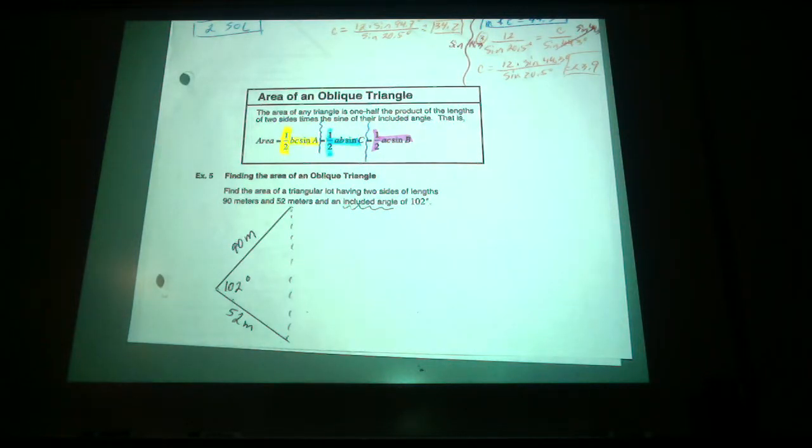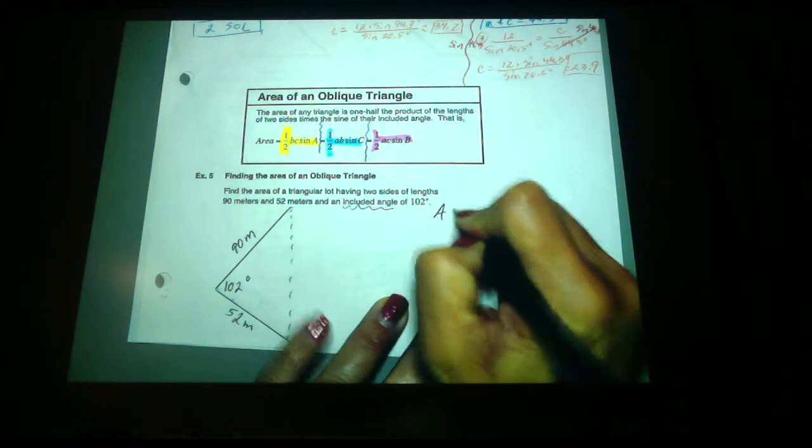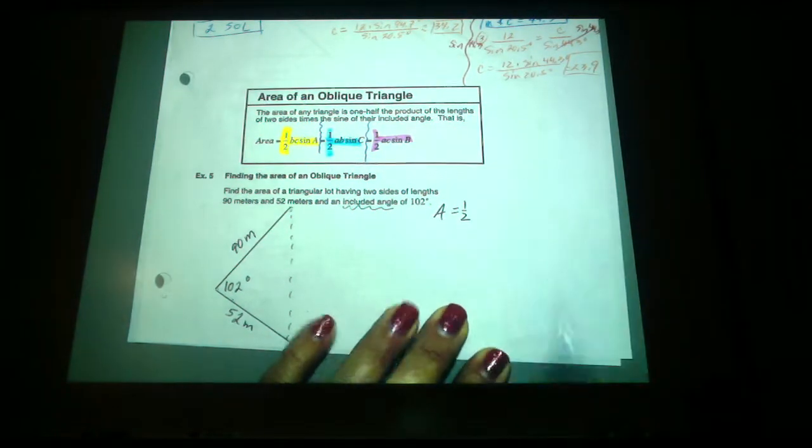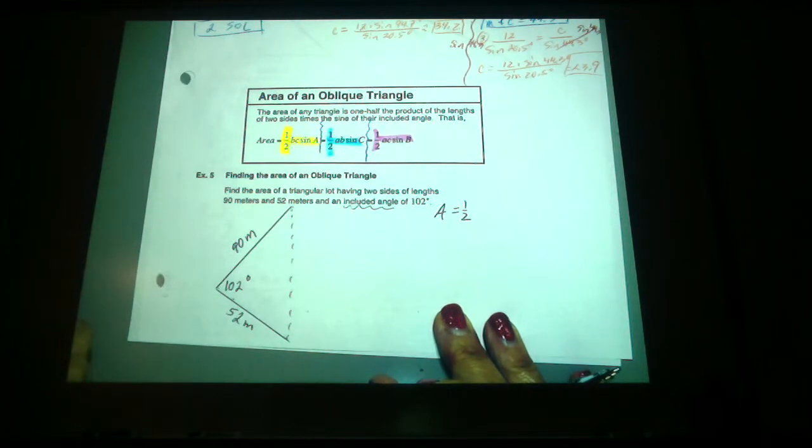So here we go. I don't really care which ones of these you use because have I labeled these A, B, and C? Nope. So I'm just going to do area equals 1/2. I'm going to take the 2 sides, multiply them together, and then take the sine of that included angle and multiply that. That's all we're doing.